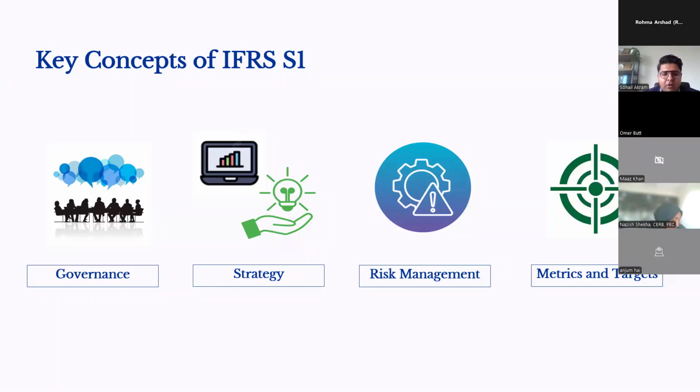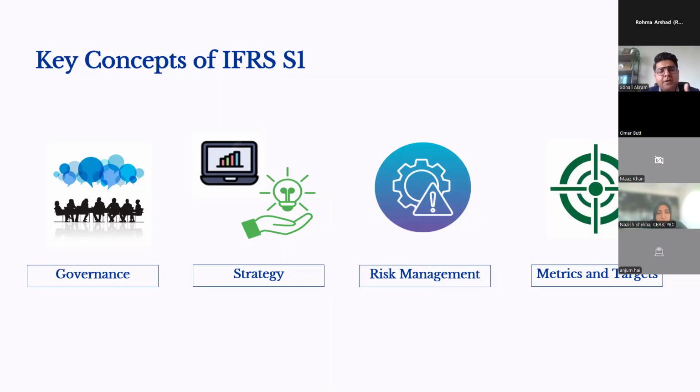The overall concept has been adopted by the International Sustainability Standards Board. And now for every sustainability-related risk and opportunity, a company is required to give information about governance, strategy, risk management, metrics and targets.